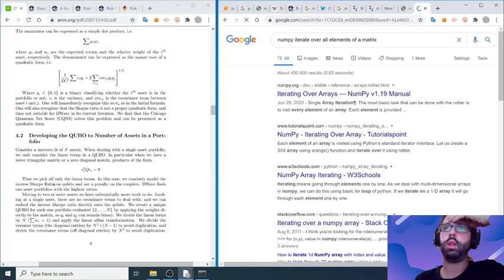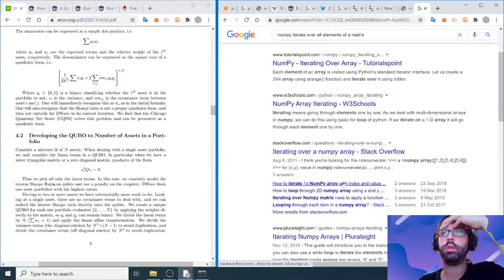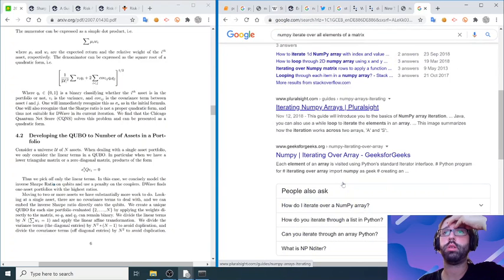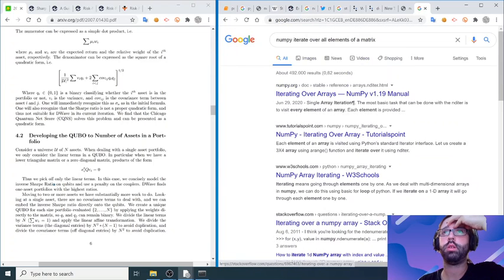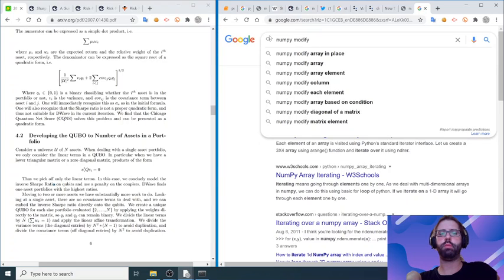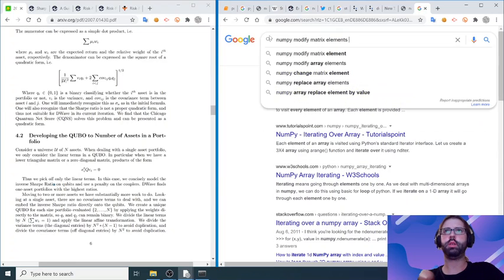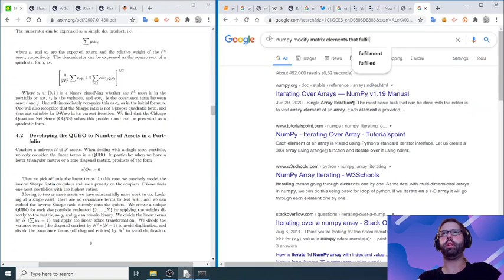Can I just modify matrix elements that fulfill the condition?